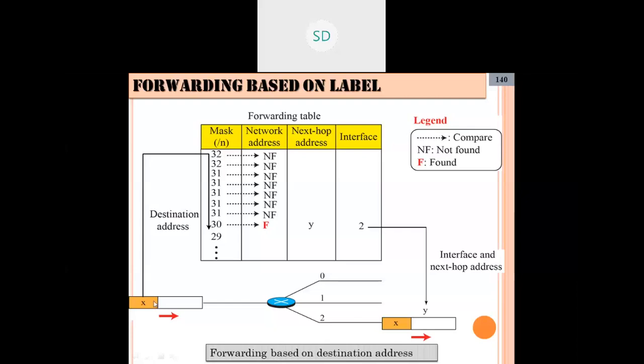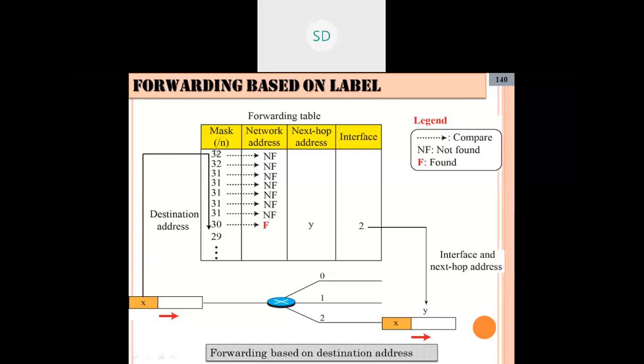That router will be connected to various hosts, so we have to decide at this router to which particular interface we are going to send the packet. When a packet arrives at the router X, this address will be given to the forwarding table.